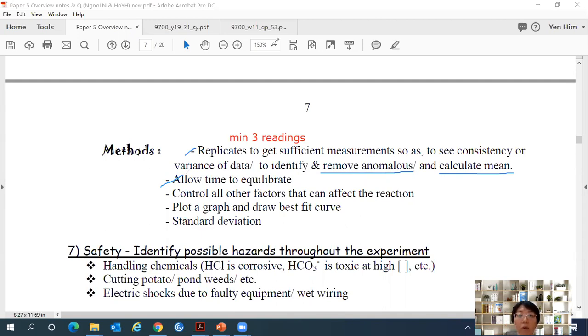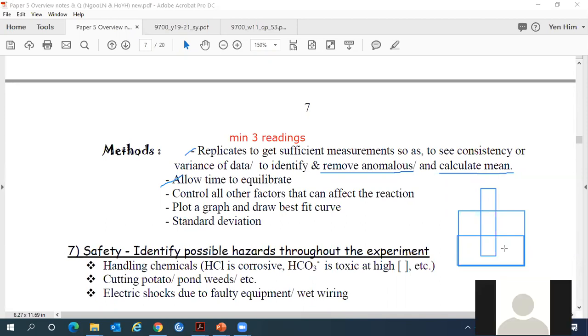So say this is my test tube and this is my water bath, and this is the water in it. When I put my test tube into the water bath, I must allow enough time for the enzyme temperature to rise to the temperature of the water bath. Only then, when I do the experiment, if it's 30 degrees, it's 30 degrees.